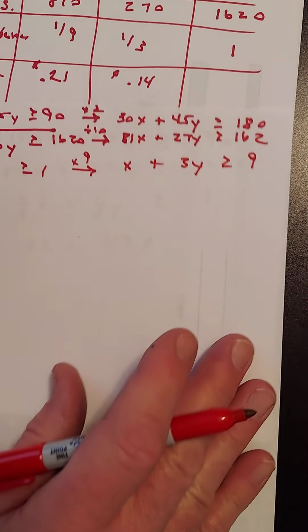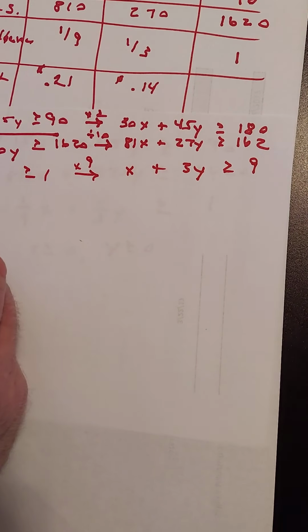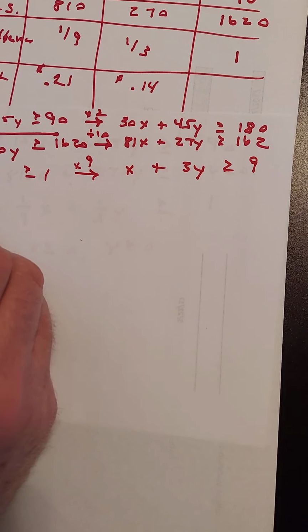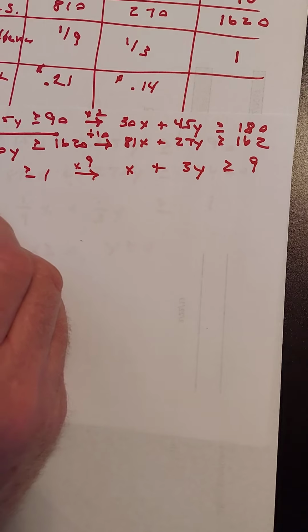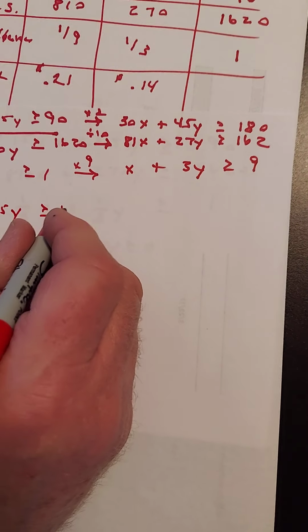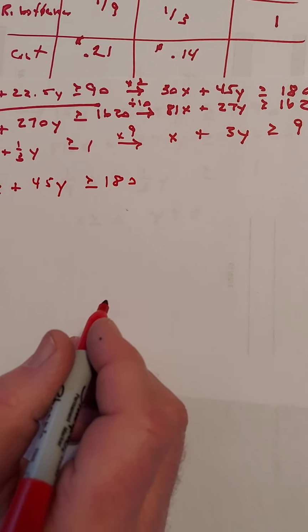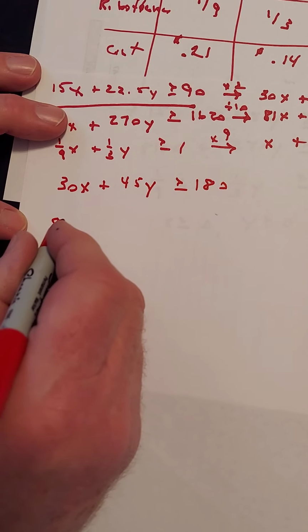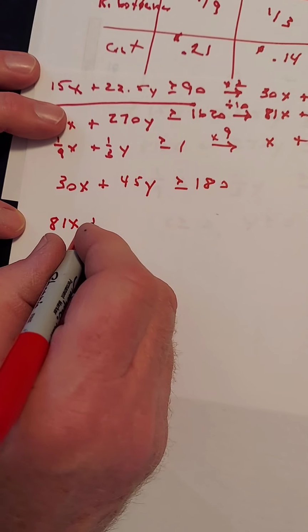So let's take those. Let's go back to this, okay? So all I'm doing is copying again. It's awkward because I don't have enough space to do everything I want to do. Okay, so there's the first one. Here's the second one.